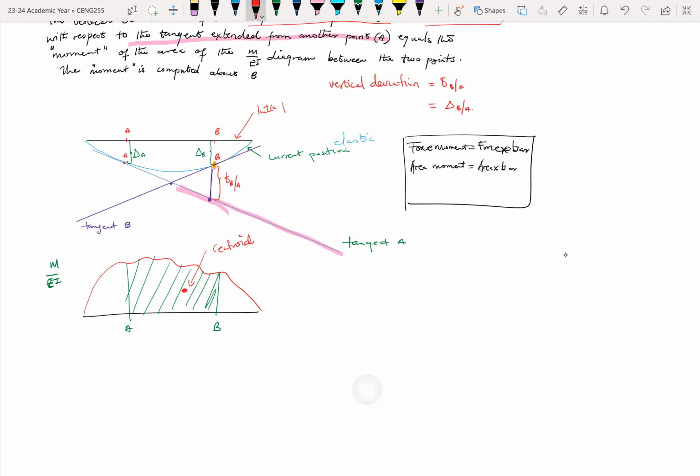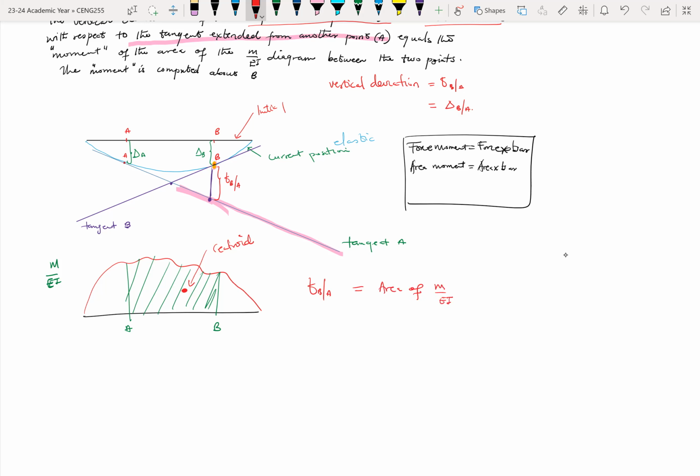So what we mean by moment is that if I want to find TBA, which is the vertical deviation between B and A with respect to B, then I need to find the area of the M over EI diagram.